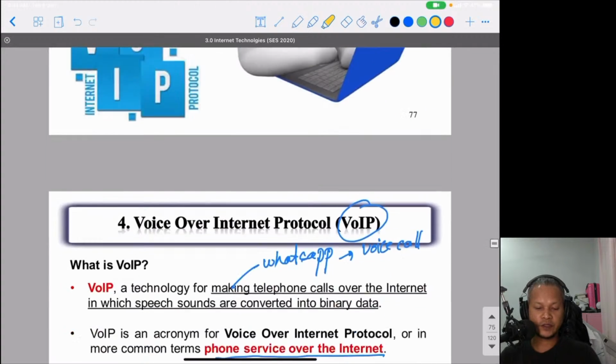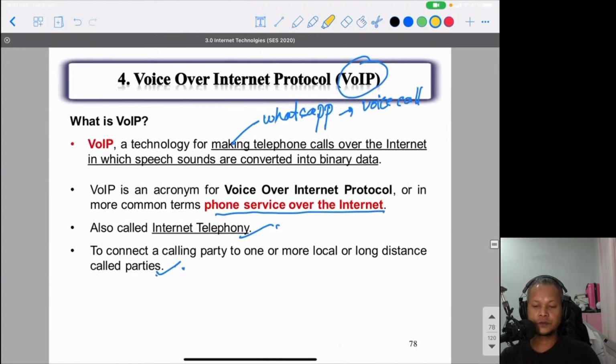Okay, voice over internet protocol: on WhatsApp now you can do a video call and a voice call. So this is happening. Our technology is growing too fast, so we cannot stick to one technology. Now they are integrated with all the things in one place.